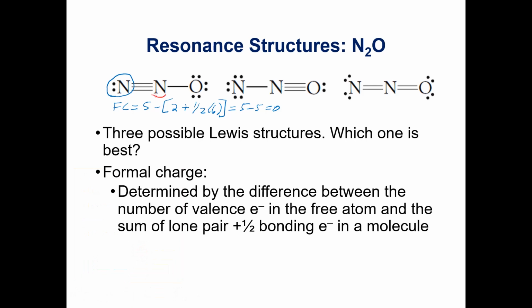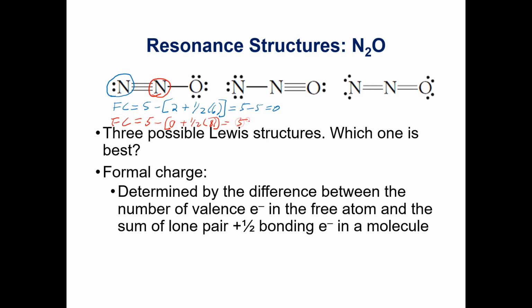Now if I calculate the formal charge for this middle nitrogen, nitrogen should have 5 valence electrons, minus, there are no lone pairs on that nitrogen, and I have 2, 4, 6, 8 bonding electrons. Half of 8 is 4, 0 plus 4 is 4.